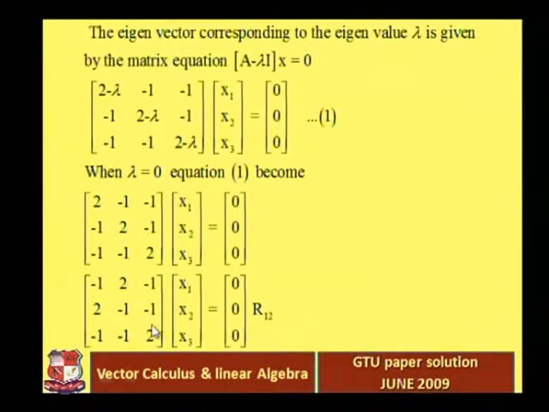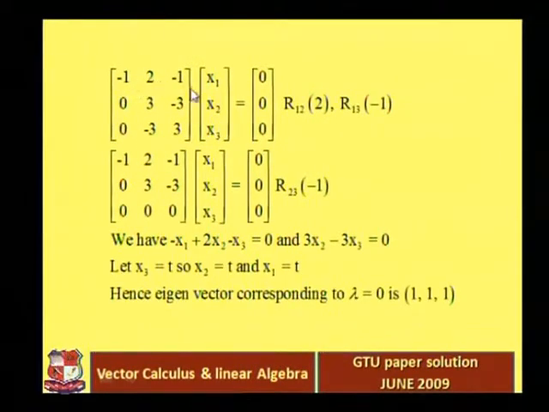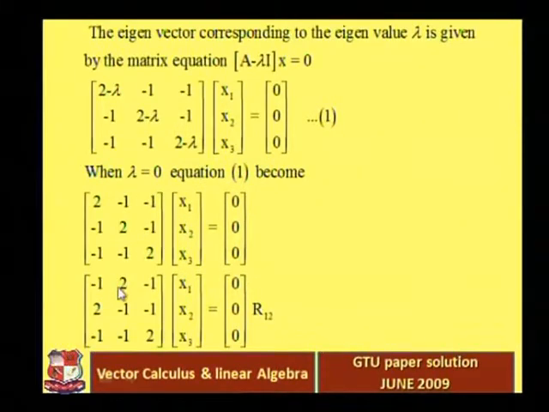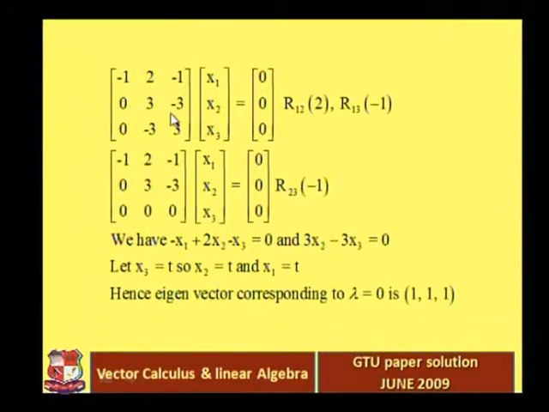Next process is we multiply the first row with 2 and add into the second row. So minus 1 2 minus 1 as it is, and we get 0 3 minus 3 and then 0 minus 3 3.